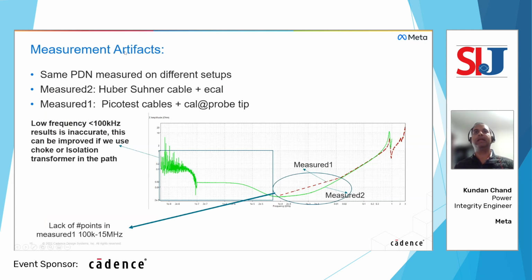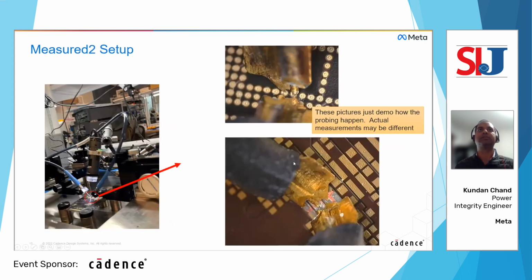So this is just showing you the results, comparing the two measurements and simulation. Actually, I misspoke. So here on both measure 1 and measure 2 setups, we used the E5061B, but the cables were different for both the cases, and also the cal procedure was different.